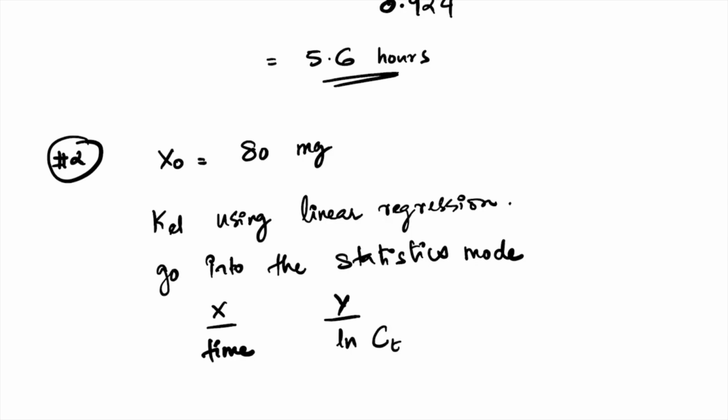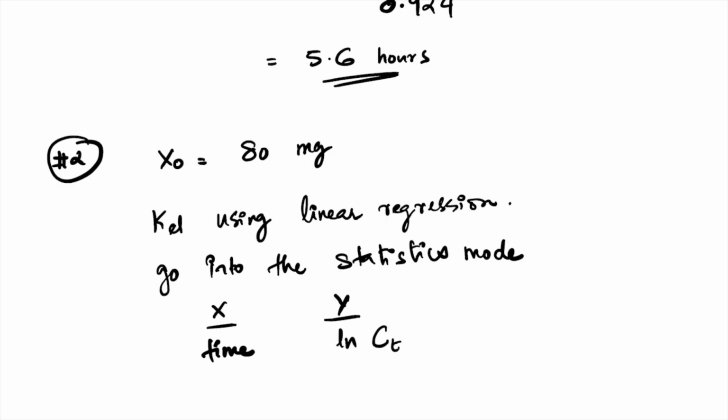And then, after clearing the data, go into the 2 variable statistics mode. And enter data. X1 is 0.5. Y1 is natural log of 6. X2 is 1. Y2 is natural log of 5.3.